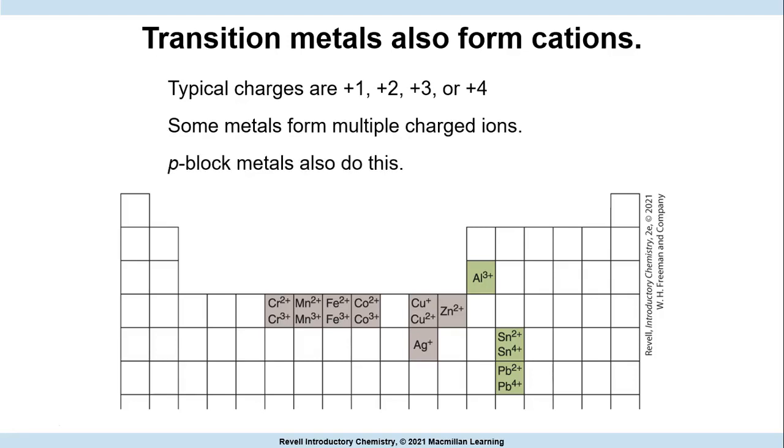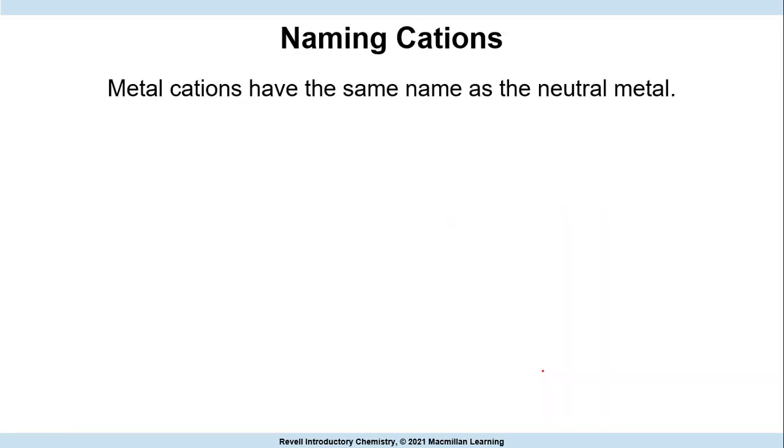Remember, everything here is the p block. For the p block metals that also do this, we have tin and lead. So we have tin 2 plus and tin 4 plus, and lead 2 plus and lead 4 plus.